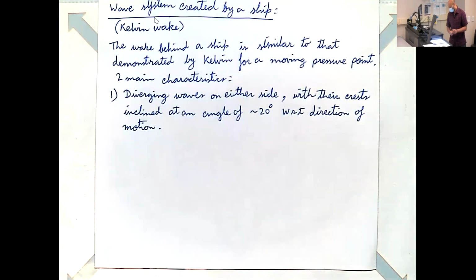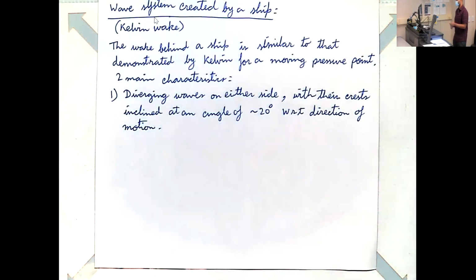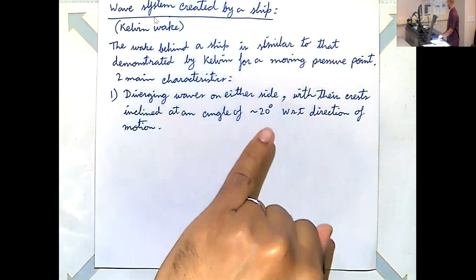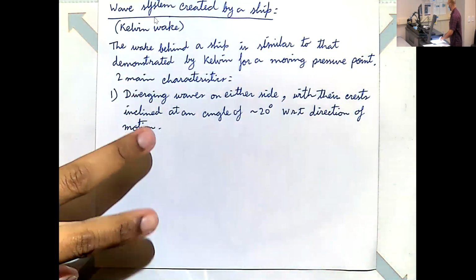For a long time, people took this 20 degrees, or rather 17 degrees, to be like a law of physics. But now there's a lot of debate about, okay, it's not 17 degrees, it's 15 degrees, or it's 18.5. So yeah, the number is not exact, but it's roughly 20 degrees. So that's the wave system that moves sideways.